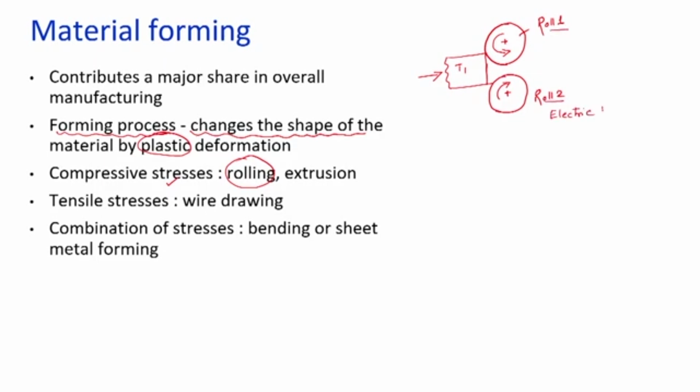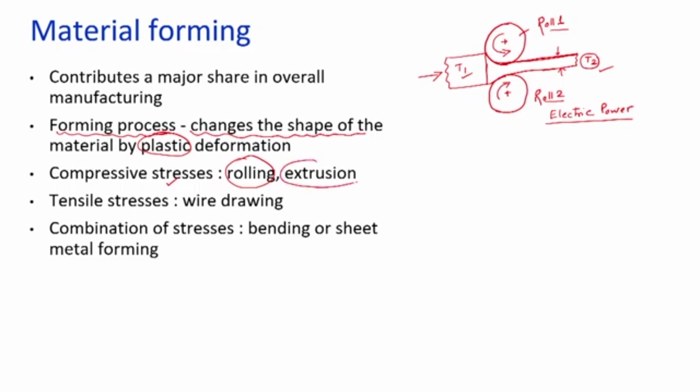As we apply the electric power, it is converted into mechanical energy, and that mechanical energy is utilized to plastically deform the thick sheet into a thin sheet. So here the thickness is reduced from T1 to T2. By using these two rolls we apply compressive stresses, and those compressive stresses help us reduce the thickness from T1 to T2.